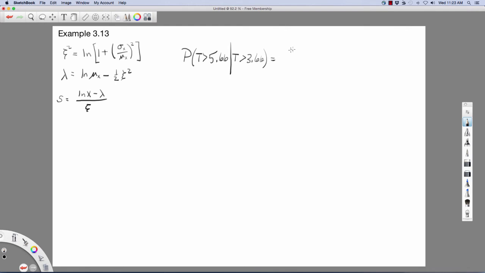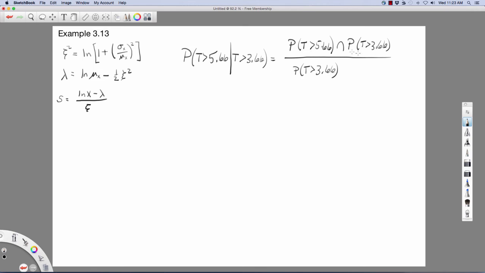So remember, from conditional probability, the definition is the probability that the time is greater than 5.66, and we're doing an intersection, with the probability that time is greater than 3.66. And we divide that by what we're conditioning on, the probability that the time is greater than 3.66.